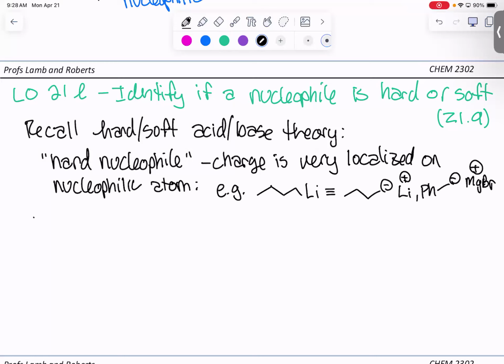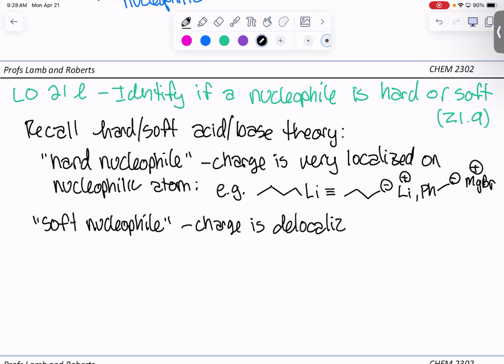So what is a soft nucleophile? Well, just like in hard, soft, acid-base theory, we're thinking about delocalization of that charge and polarizability. So this is where the charge is delocalized. An example of this would be resonance, or something that is polarizable.